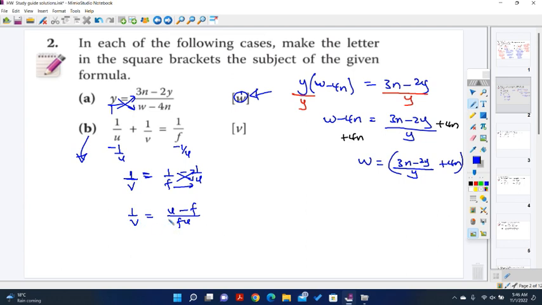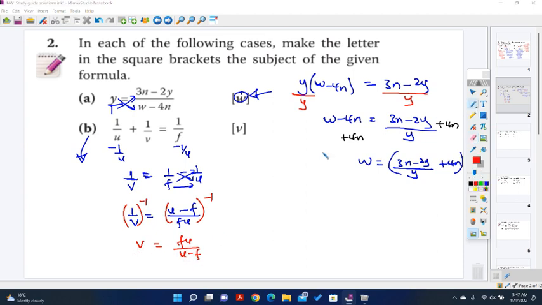So now that I have this, a very quick thing I can do is, since both of them are fractions, this is a fraction on its own, this is a fraction on its own, a very quick thing I can do is to flip both fractions, right? If I flip this fraction on this side, I can also flip the fraction on that side. What I mean is basically just take the reciprocal and say this is v out of 1 is equal to fu out of u minus f. And if I do that, I immediately get to the answer, which is v is equal to all of that.